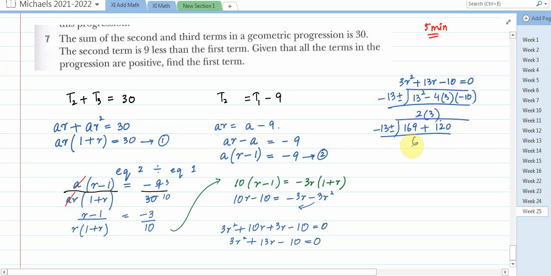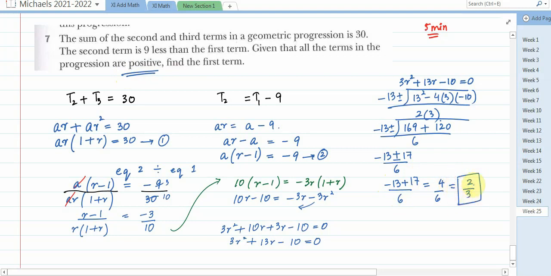So it will be 169 plus 120, and the root of it gives you 17. So you will get minus 13 plus minus 17 divided by 6. Separate them: minus 13 plus 17 divided by 6. I'm not going to attempt the negative part because it says it should be positive. So minus 13 plus 17 leads to 4, divided by 6 gives the value 2 upon 3. So you got the value of r, that is 2 upon 3.